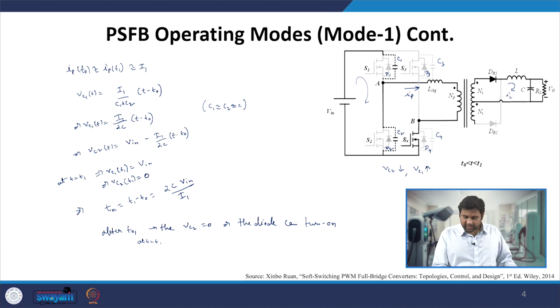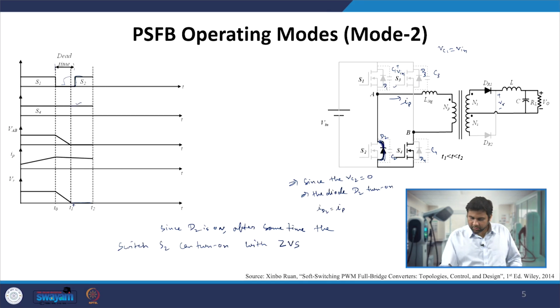If Vc2 goes to 0, my diode can now turn on. The moment the diode turns on, the voltage across switch S2 becomes 0, and then you can start giving the pulse to the S2 switch to achieve turn on of S2 with ZVS, or zero voltage.